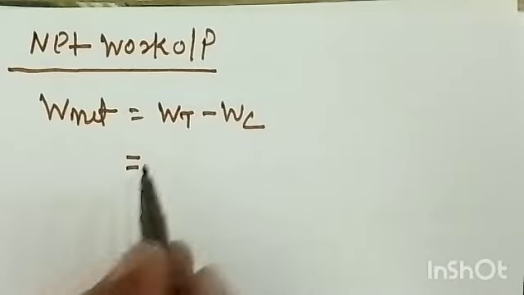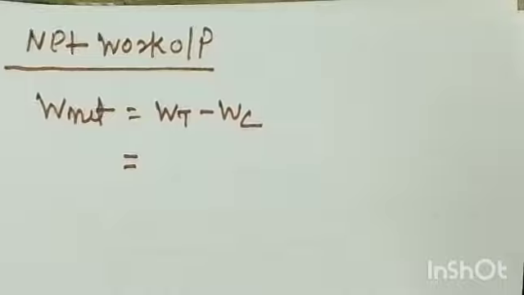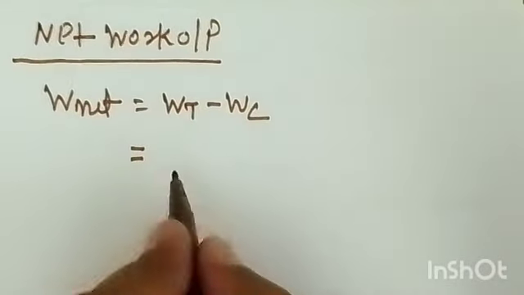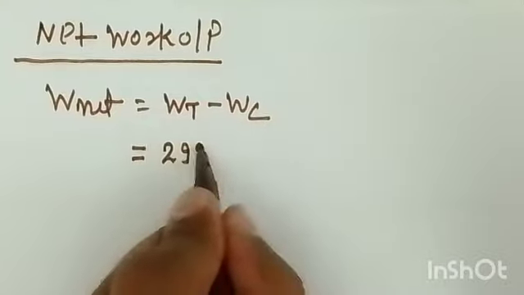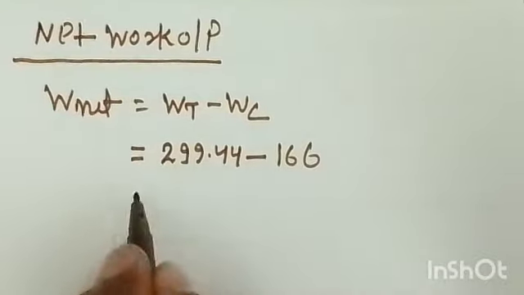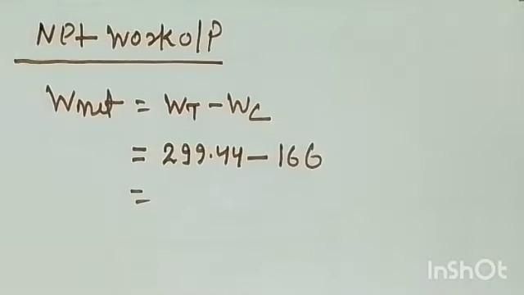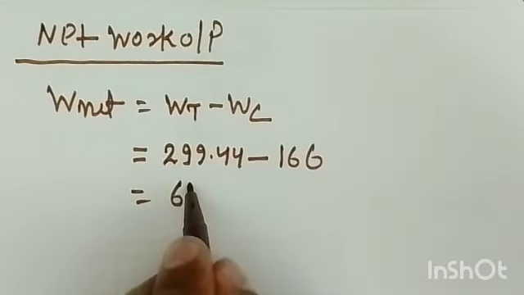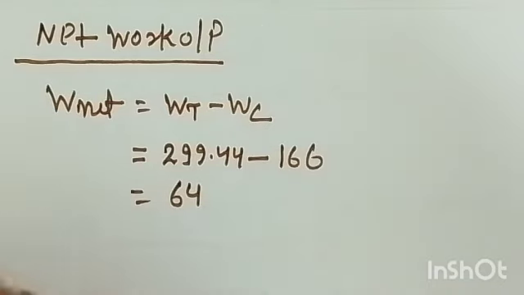So turbine work, just now we saw that is 299. Let me check again, otherwise mistake. 299.44. So this is 299.44 minus compressor work is 166. So on calculation, you will get 64.64 only, right?